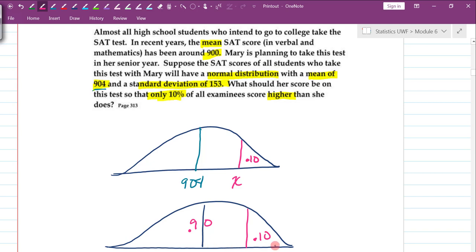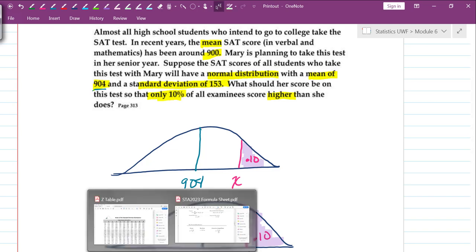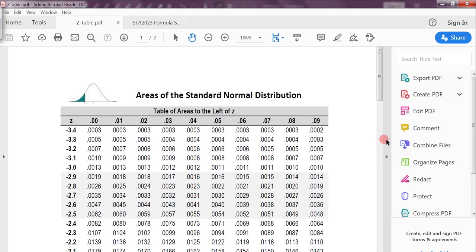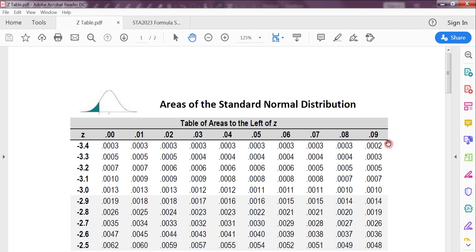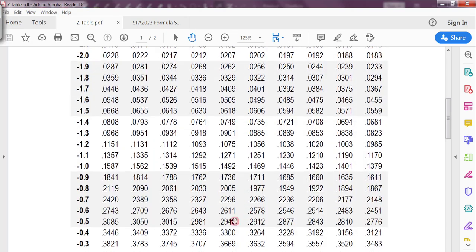We're going to highlight this area so we know the area we're interested in. We need to find the z-value that corresponds to this, so we're going to pull up our tables. Remember that our UWF tables give us the left tail, so the left tail, this whole thing over here, must be 0.9.